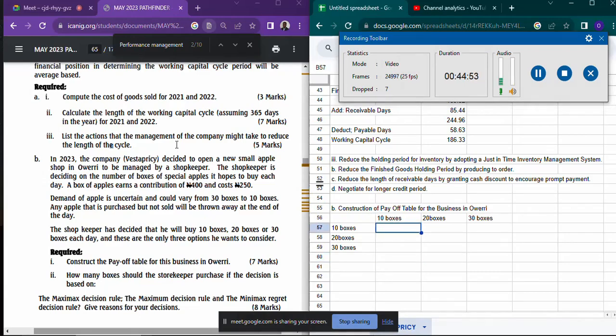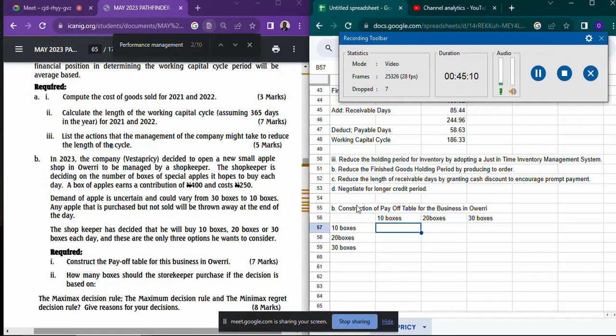So if he decides to buy 10 boxes and decides to sell 10 boxes, this is the purchases part. This is when he decides to buy, and this is when he decides to sell.